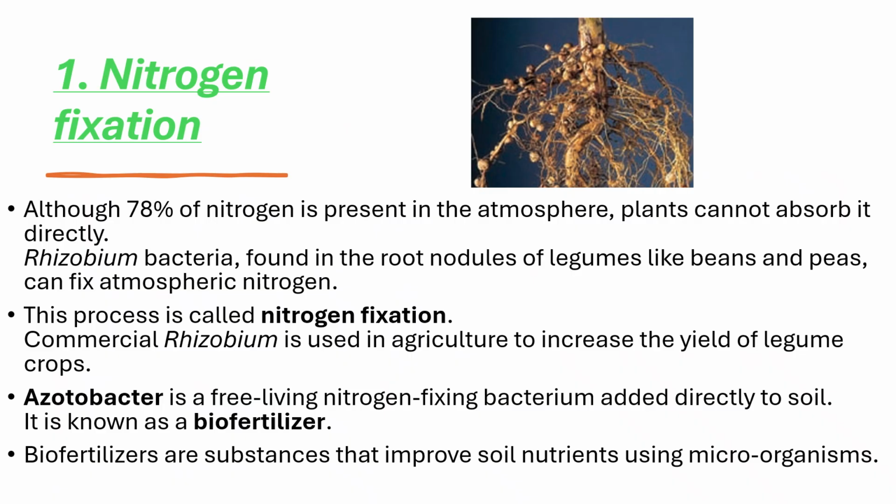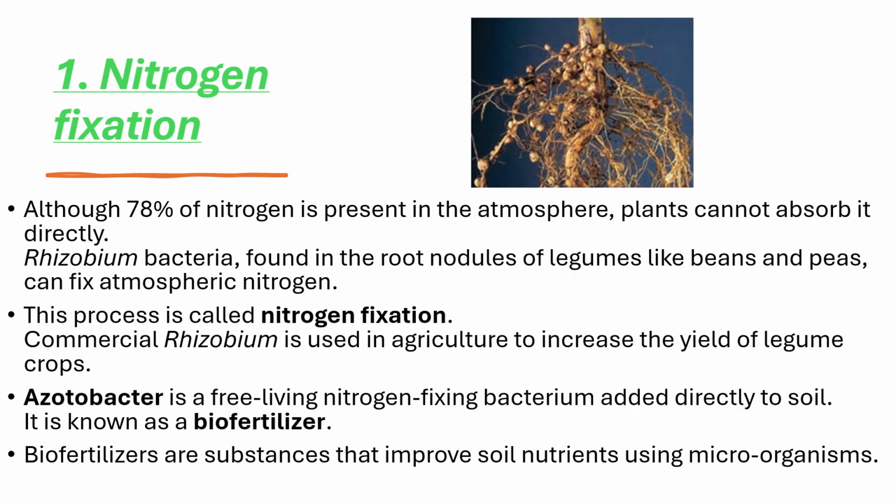Nitrogen fixation. Although 78% of nitrogen is present in the atmosphere, plants cannot absorb it directly. Rhizobium bacteria found in the root nodules of legumes like peas and beans can fix atmospheric nitrogen. This process is called nitrogen fixation.